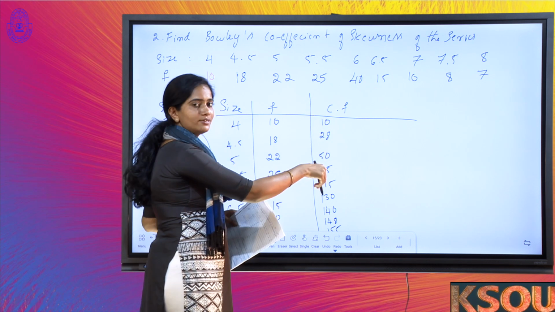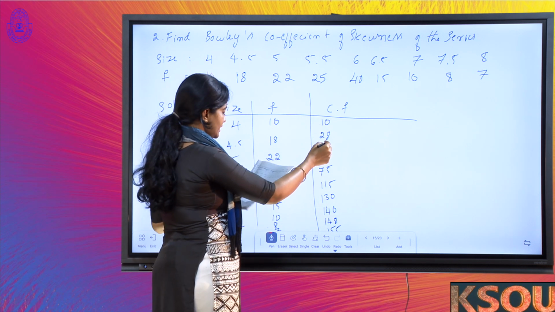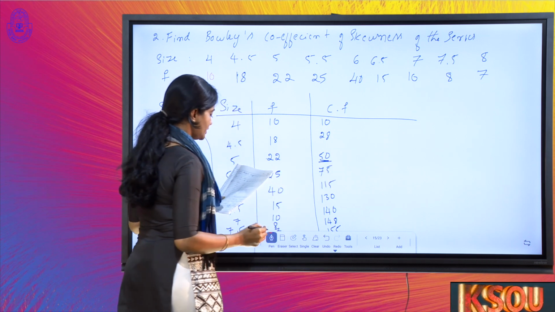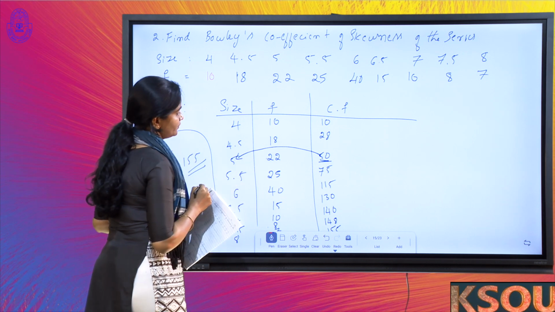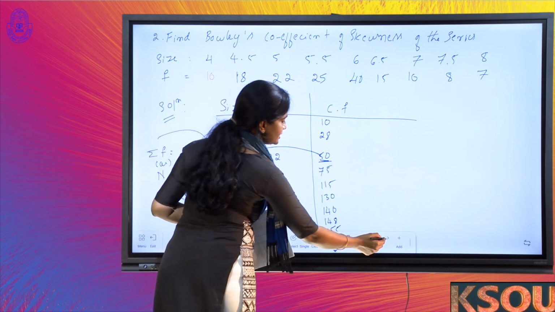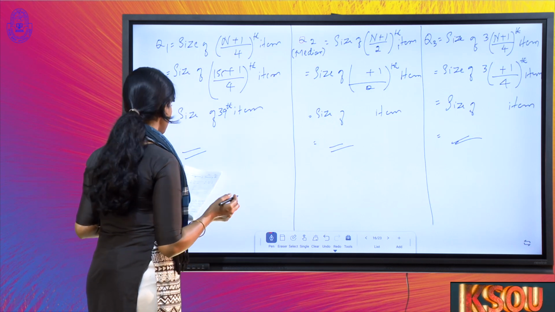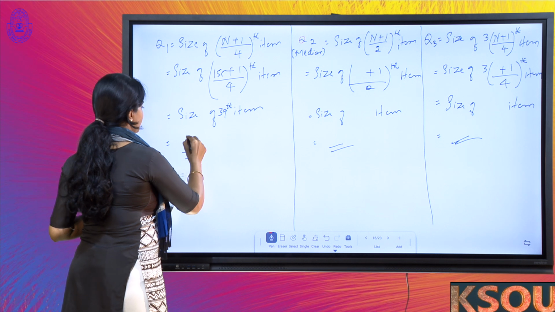For that only we will have to calculate this cumulative frequency value. Just greater than 39 is 50, right? We will have to take the corresponding value, that is 5. So, size of 39th item is 5.